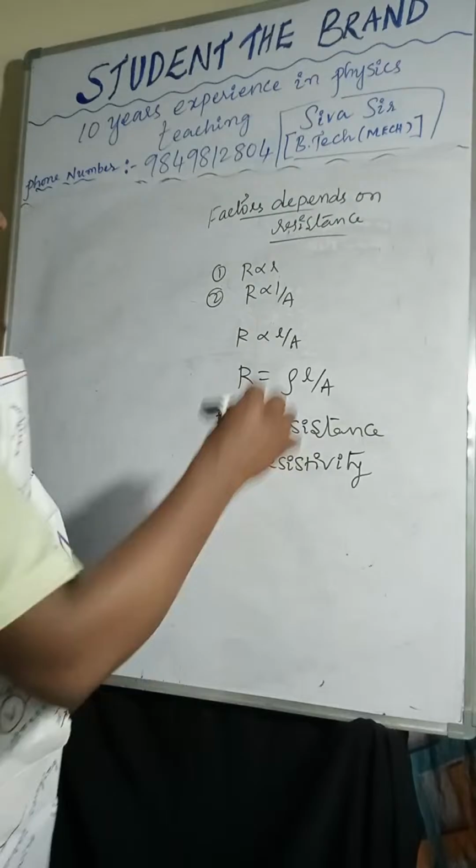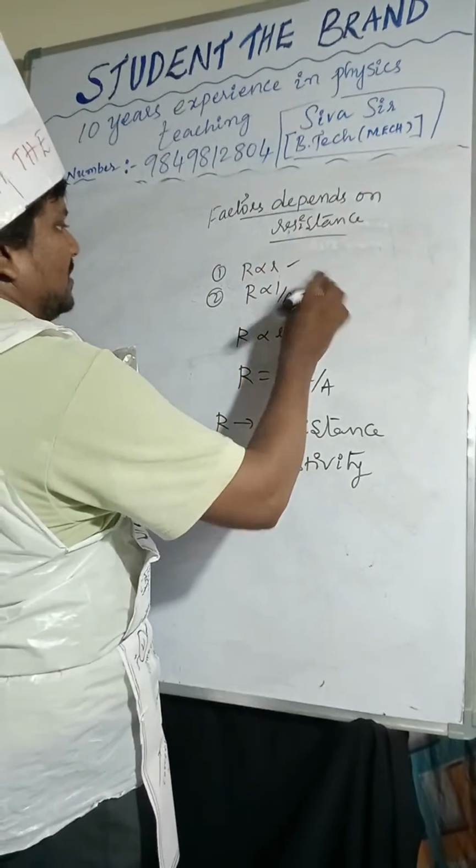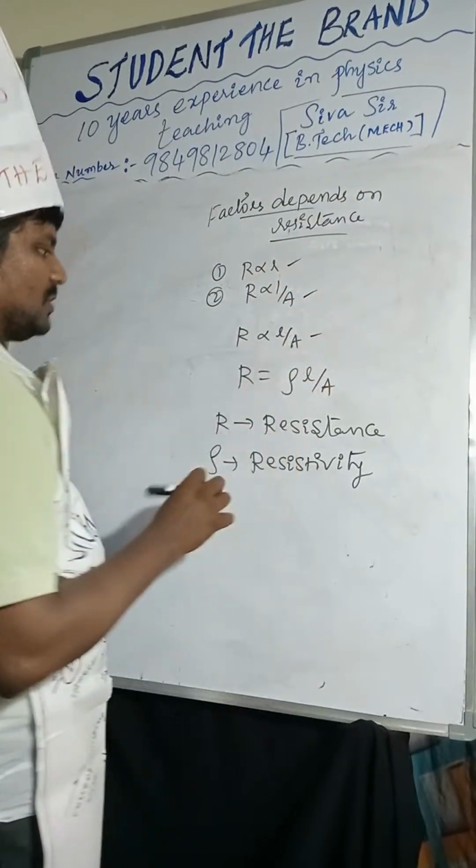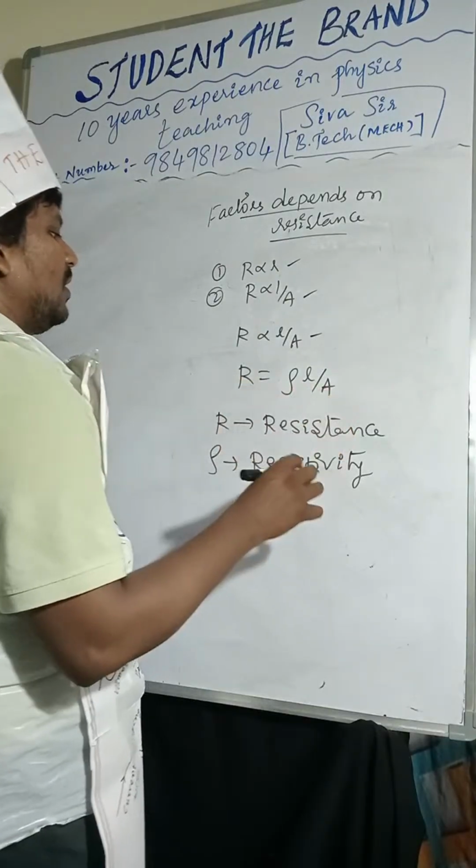R is directly proportional to L, R is inversely proportional to area, so R equals rho into L by A.